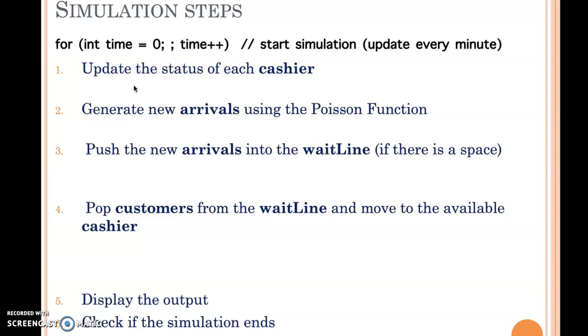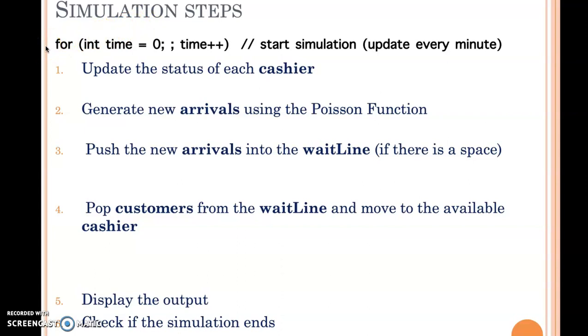Okay, because one thing is remember after you pop your customer from the waiting line and push to the cashier, you update the end time. So this one actually we will have the first one, we add the first one is because when we first minute, second minute, third minute, so when we go each minute, the first thing we need to check if any cashier, the customer, the end time is up.